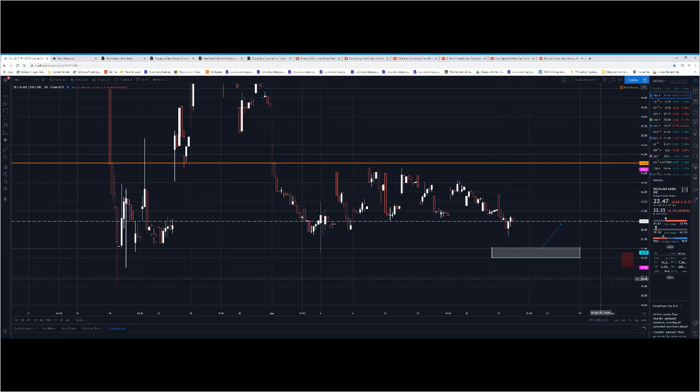How much do you stand to make? Let me put that in green. The green box is the amount of margin that you stand to make from this trade.